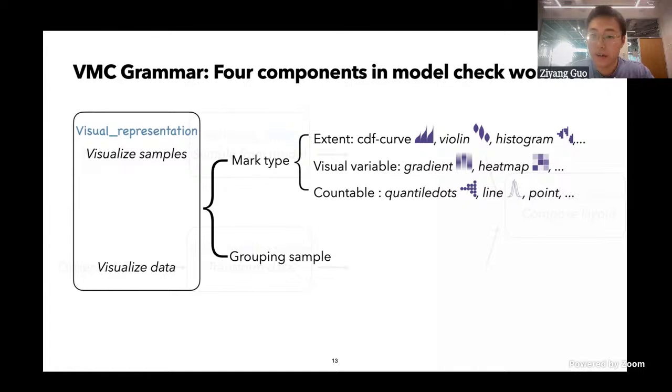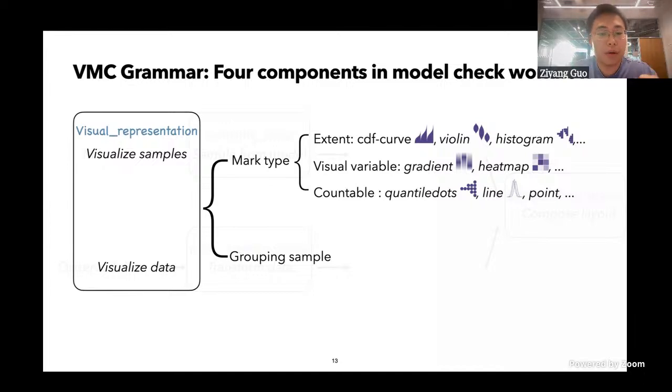The first category is called extent, which uses some area or length to encode the distributional information. And the second is visual variable. It uses something like color or opacity to show the distribution. And the countable icon just uses some ensemble to encode the distribution.